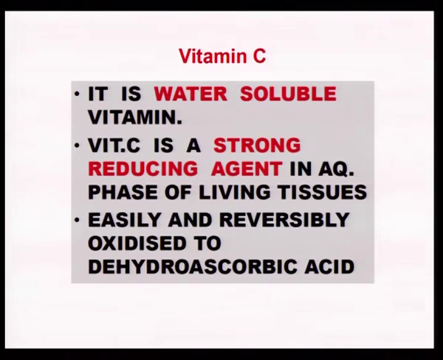In addition to that, vitamin C has this inherent strong reducing property which helps in the preservation of food. That way, all foods fortified with vitamin C have a dual advantage. One, it acts like a nutritive supplement, and also it helps in the preservation of food.